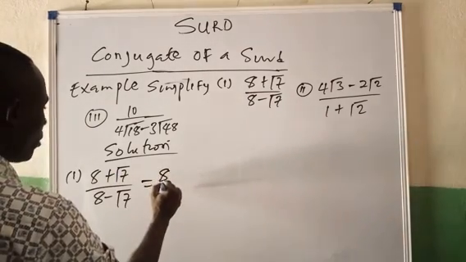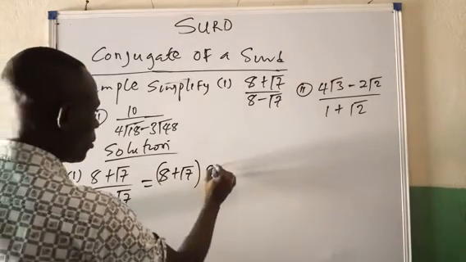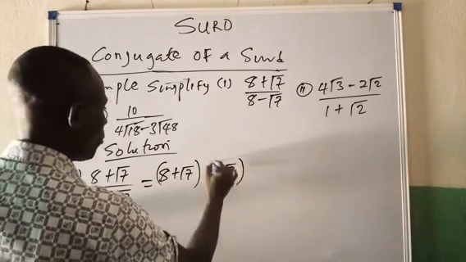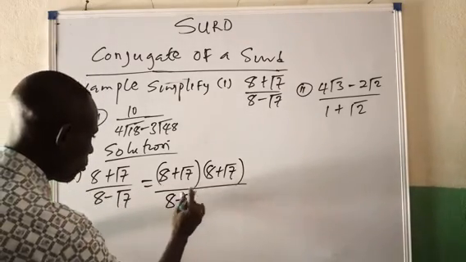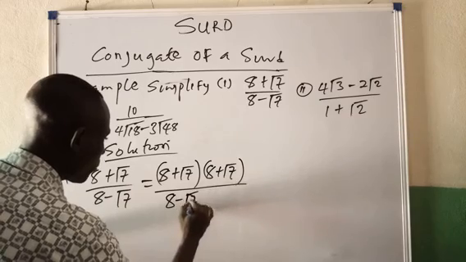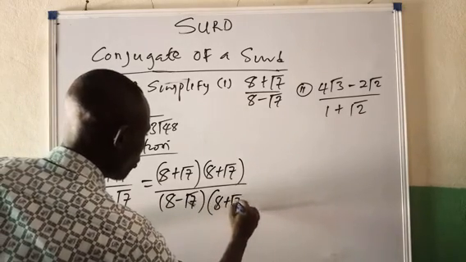So you have 8 plus root 7 bracket 8 plus root 7, everything divided by 8 minus root 7 bracket 8 plus root 7.